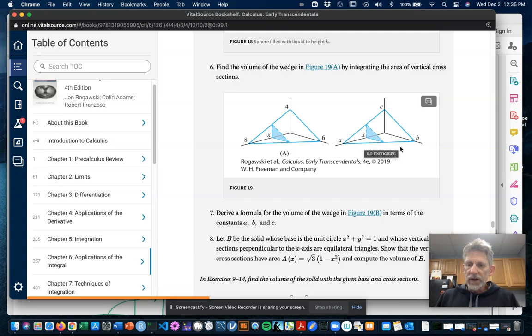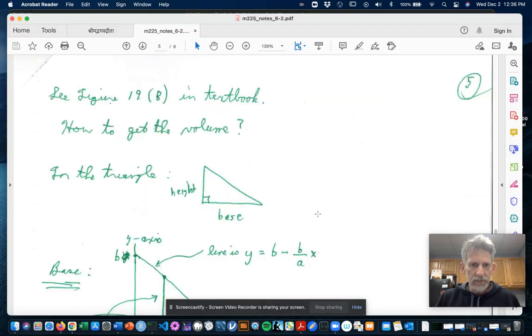And so if we can find a formula for the area of each of these cross sections, multiply by the little dx thickness, and then sum up with an integral, we'll get the volume for the entire figure. That's the idea that we have in mind. Let's see if we can carry it out.